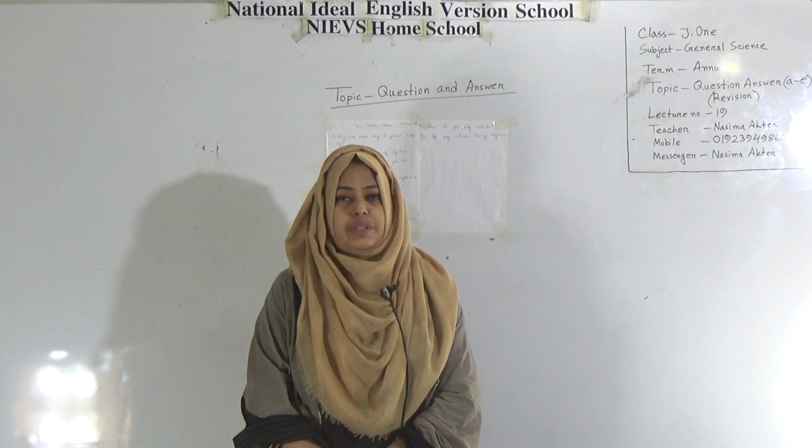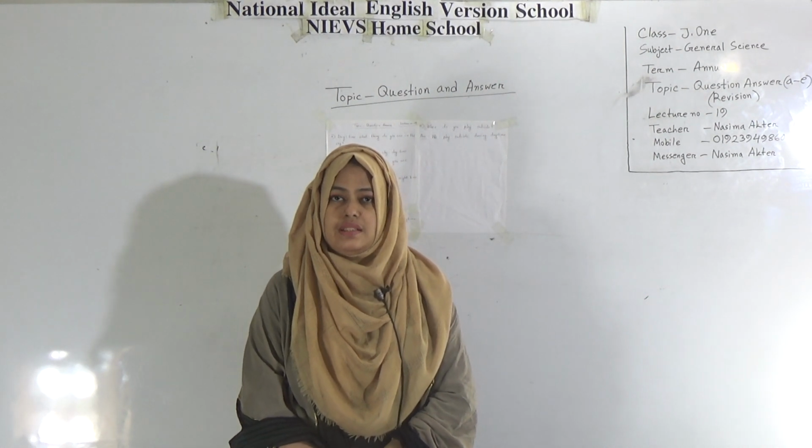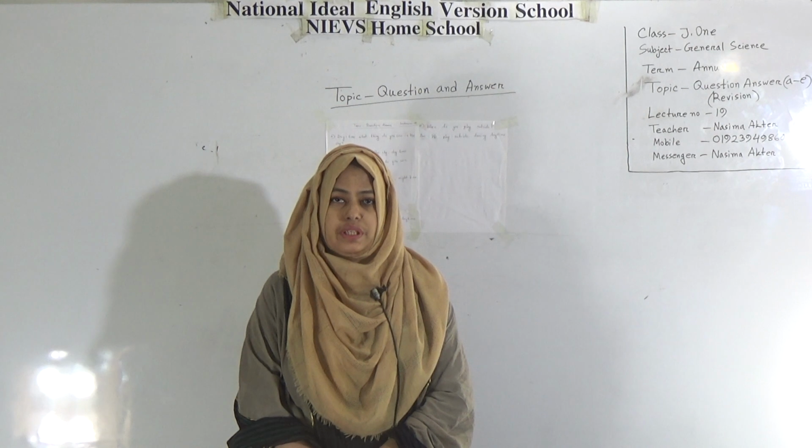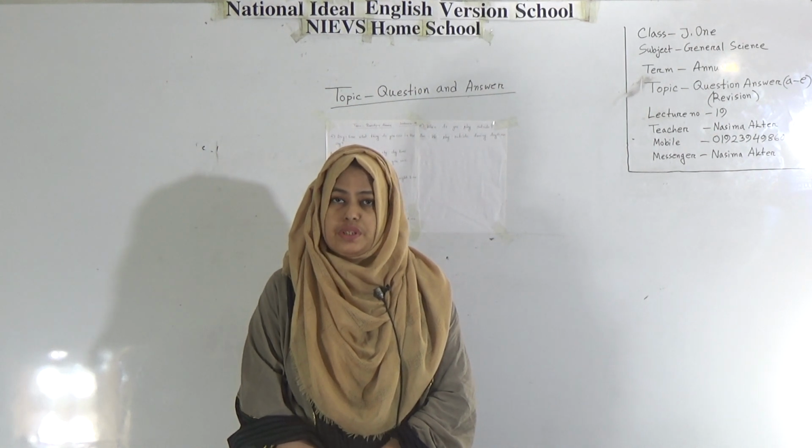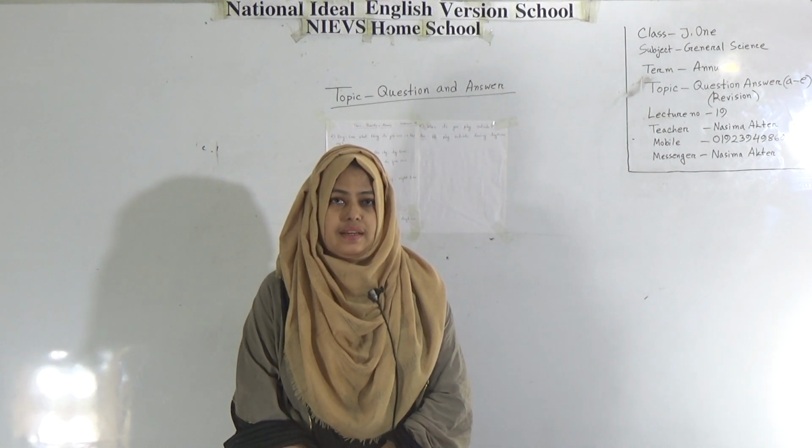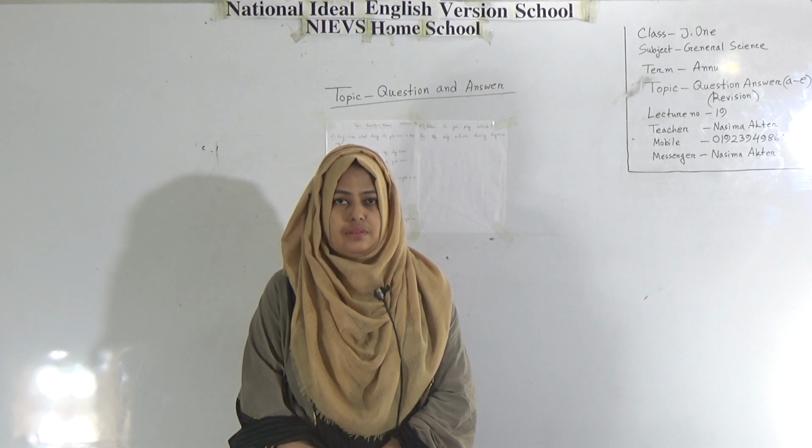Dear student, today I am going to take a general science class for class Junior 1 student. Our today's topic is question and answer, and this is our revision class.